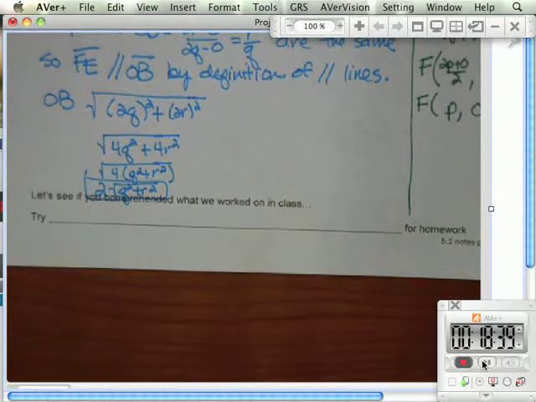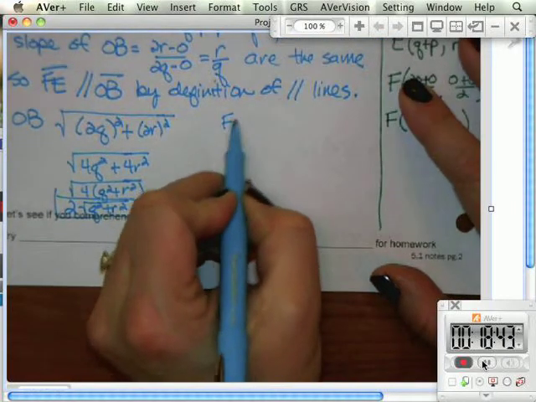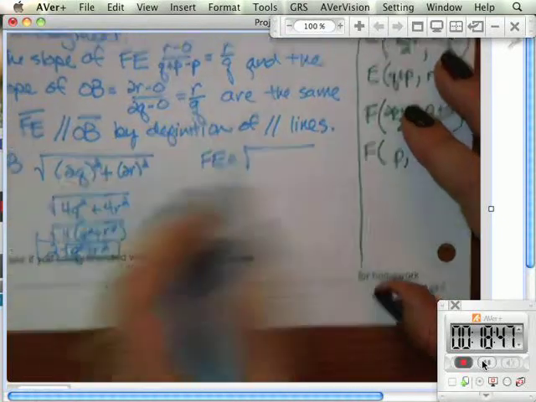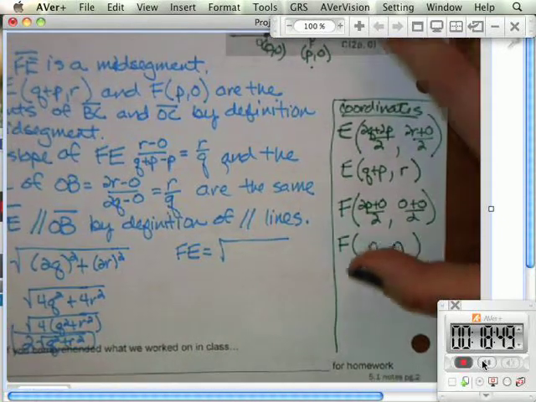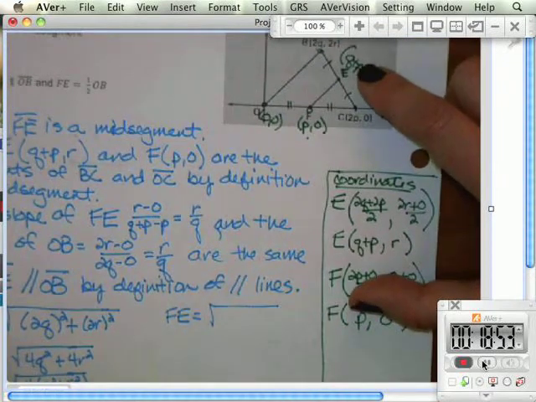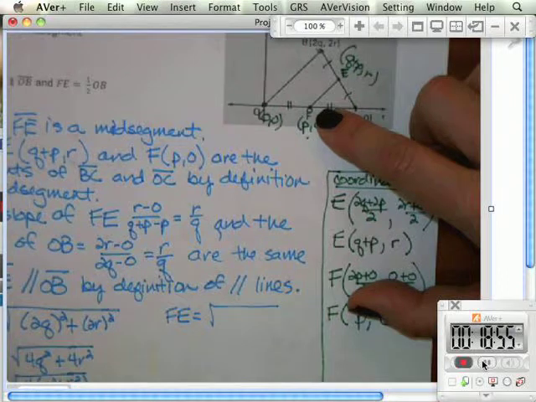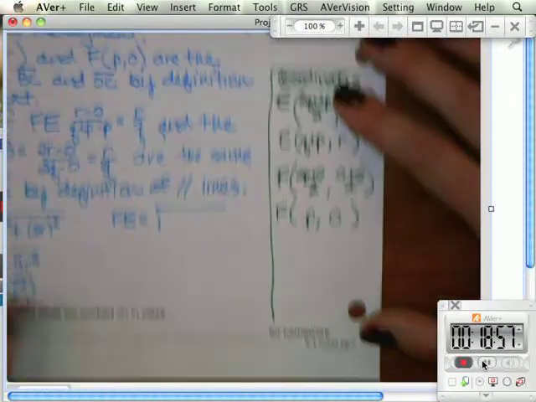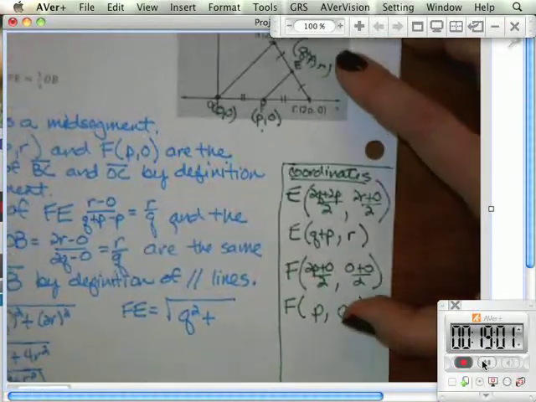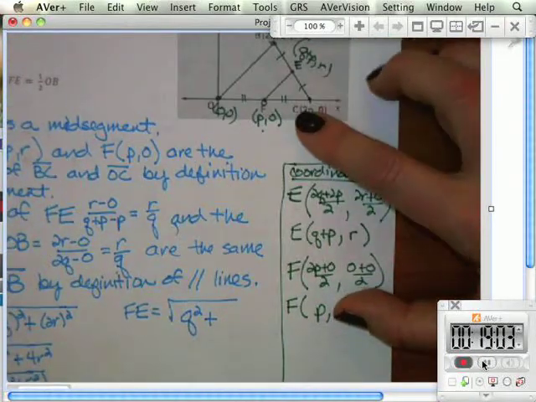Okay? All right, let's do FE. It's easier, I promise. So we got to subtract the x's. So I have q plus p. Take away p, which means I just have what? And then the y's, r minus 0 is just r.